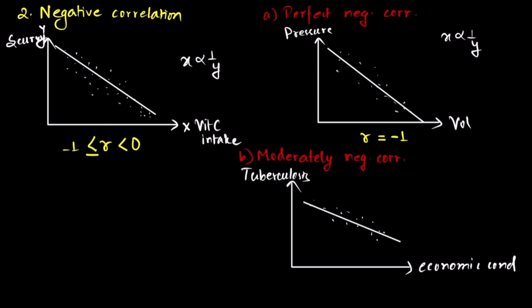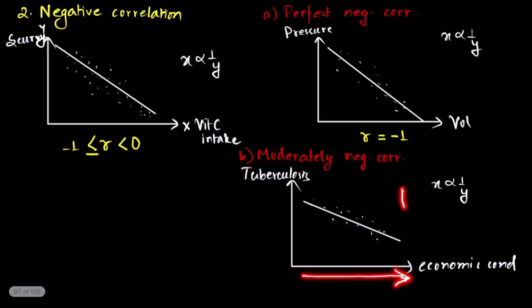In this case as well, x is inversely proportional to y. That is, when economic condition becomes better, the cases of tuberculosis decrease. So they are inversely proportional. That is why there is a negative correlation between the cases of tuberculosis and economic condition. But it is not perfectly negative.